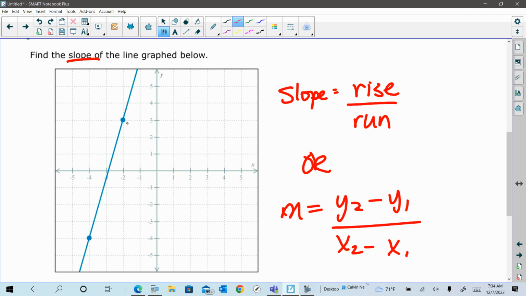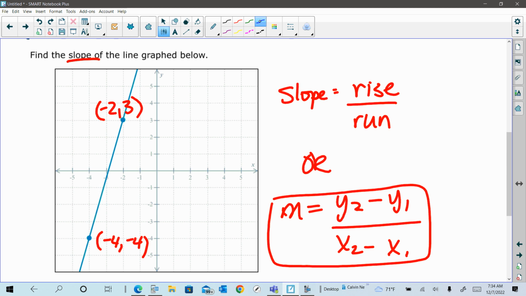So like this point right here is the point negative 2, comma 3. And this point over here is negative 4, comma negative 4. So I need the ordered pair to use this formula. If not, you can go from one point and count how many units you would have to go up first, because it's always rise over run, sorry.